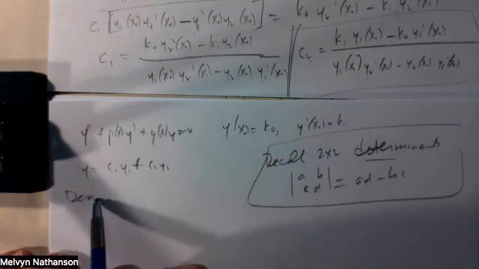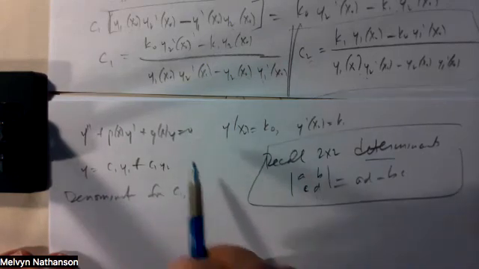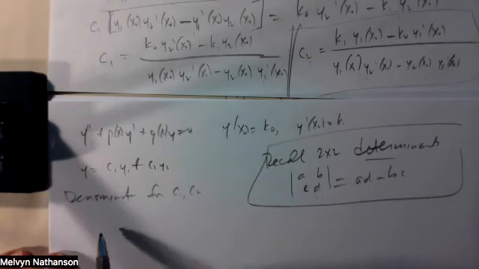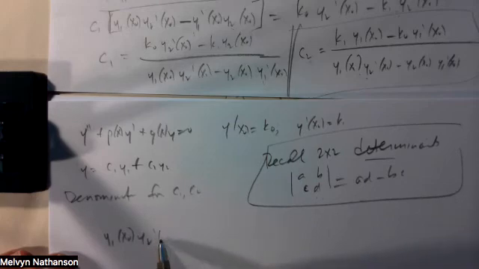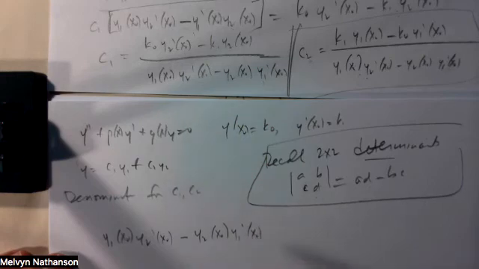So my denominator for C1 and C2, they're the same. That denominator is y1 of x naught, y2 prime of x naught, minus y2 of x naught, y1 prime of x naught.